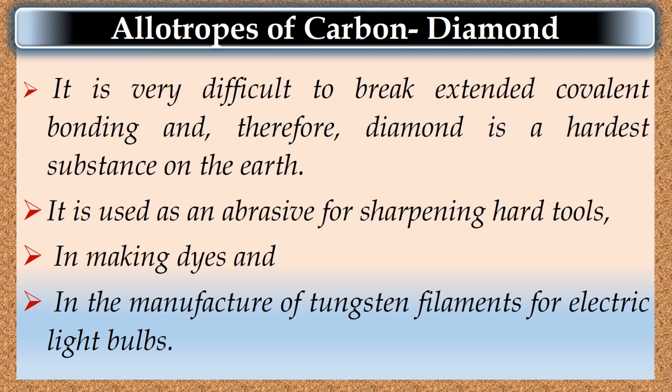It is very difficult to break extended covalent bonding, and therefore diamond is the hardest substance on the earth. It is used as abrasive for sharpening hard tools, in making dies, and in the manufacture of tungsten filaments for electric bulbs.